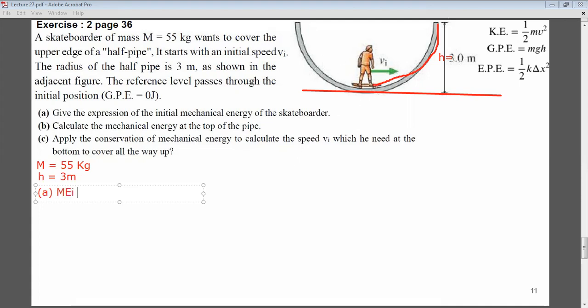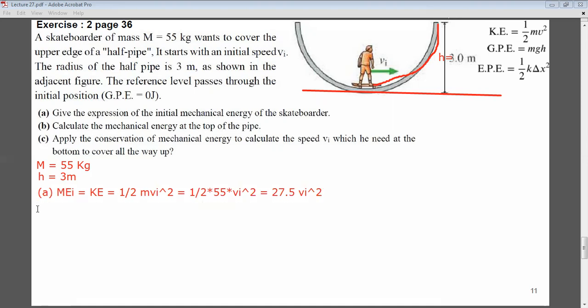So mechanical energy initial is KE, which is half m v initial square. This is equal to half times 55 times v initial square. 55 over 2 is equal to 27.5 v initial square. Okay, this is mechanical energy initial.